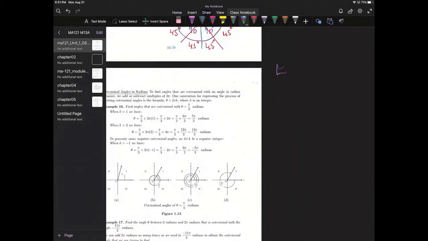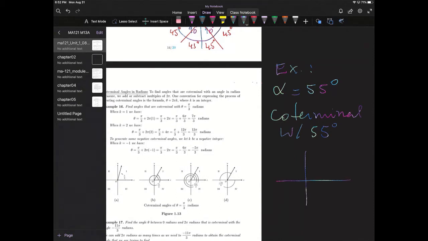Let's say I have an angle alpha, which is 55 degrees, and I want a coterminal angle with 55 degrees. Coterminal means it's going to have the same terminal side. We know already that an angle in standard position means they always start from the same place.